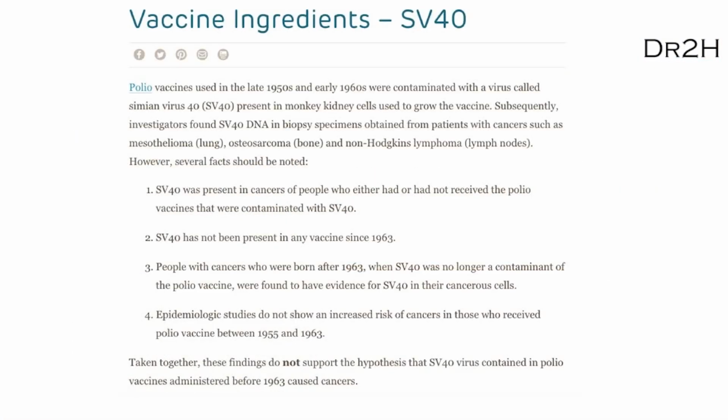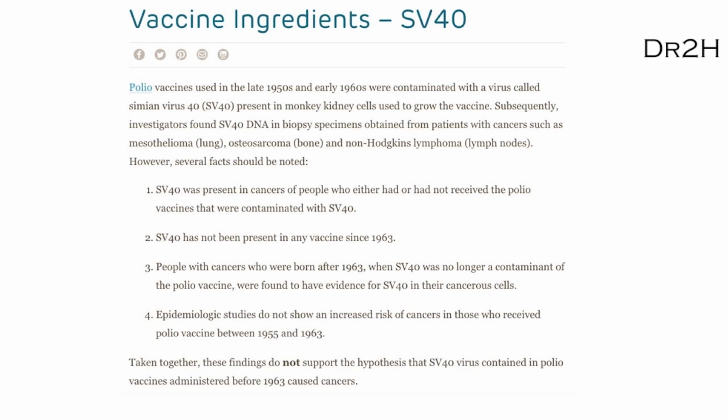But there's also another layer to the story, right? If we read the Surgeon General's letter, it mentions something called SV40. So what is SV40? SV40 is a monkey virus.